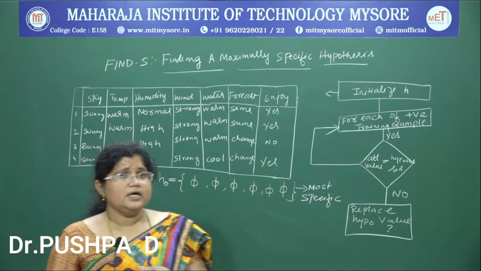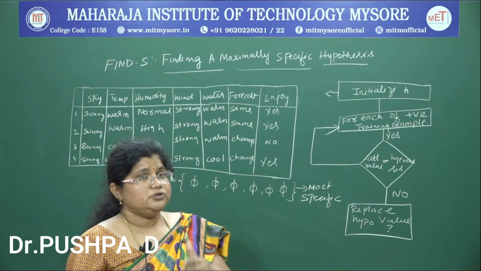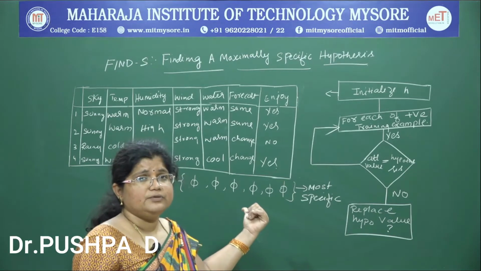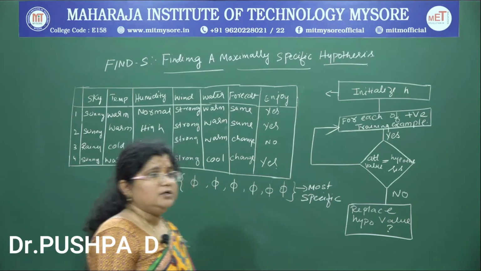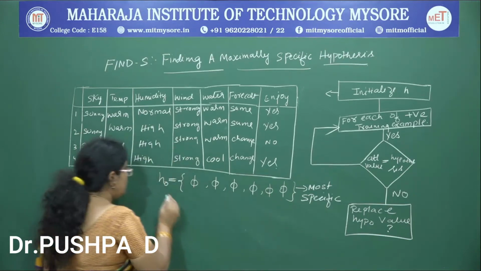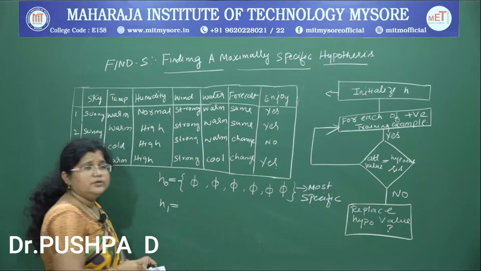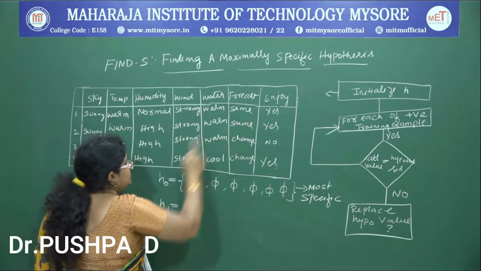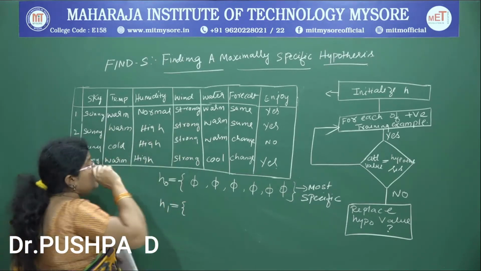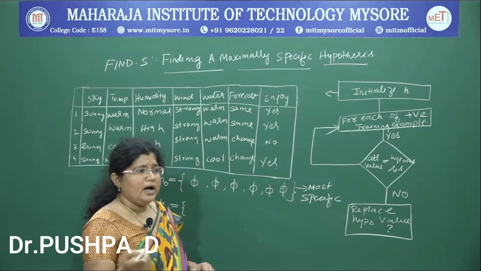So, for that reason, now we have to make it a generalized form of hypothesis, so that the hypothesis must be related to the data set which is present in the table. Because of that reason, we are going to replace the phi value with the values of the first row. So, the first row attribute values are considered as the newly generated hypothesis.